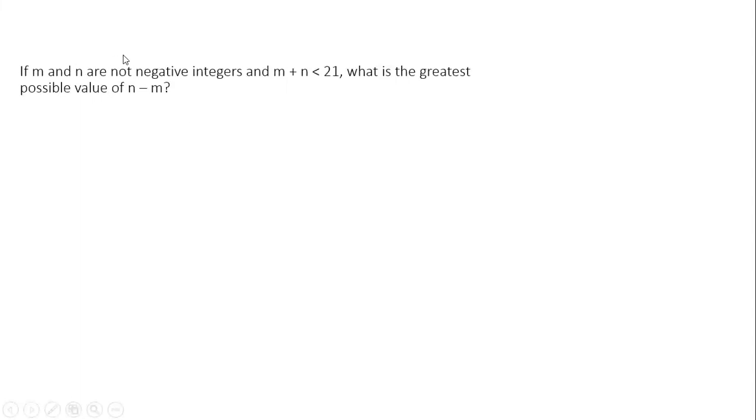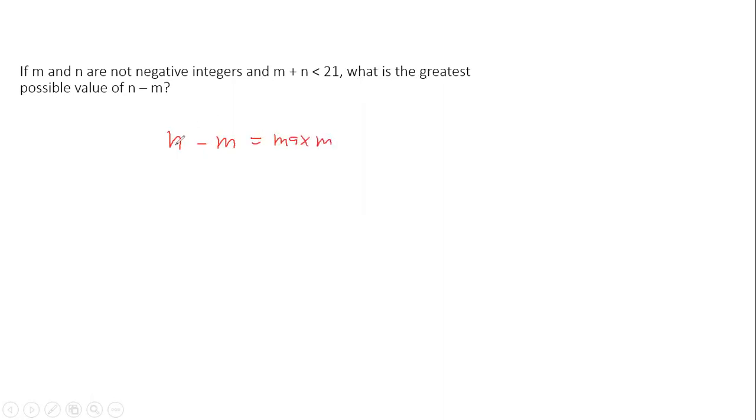Guys, the first question. It says if m and n are non-negative integers and m plus n is less than 21, what is the greatest possible value of n minus m? Okay, so let's focus on what I need. I need n minus m to be maximum or greatest.